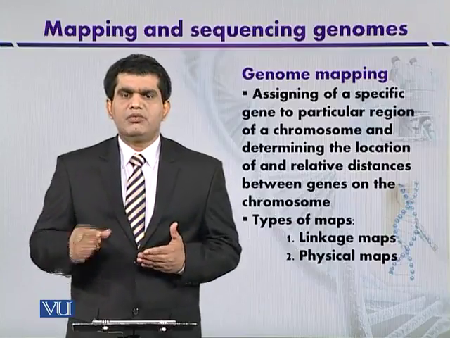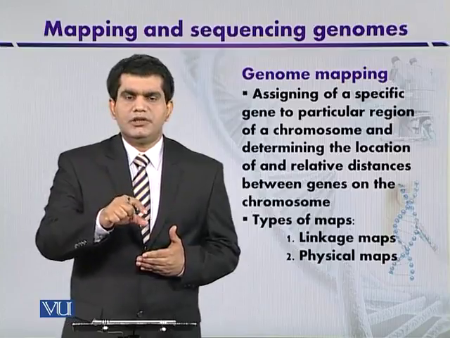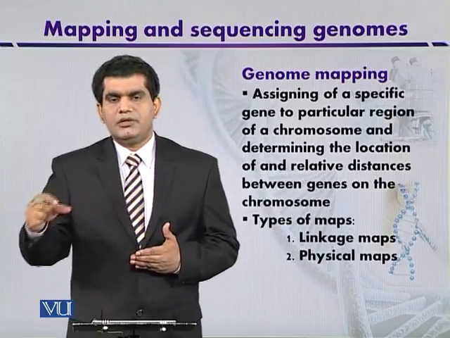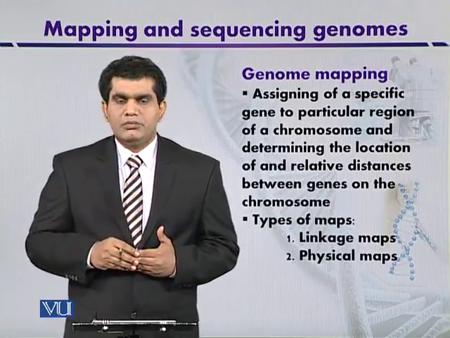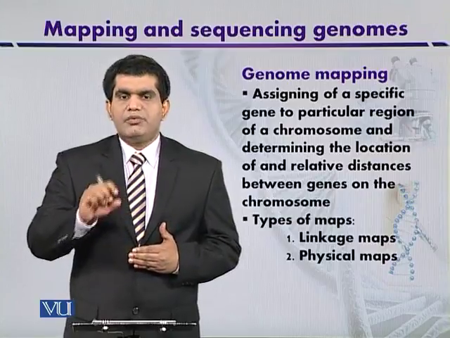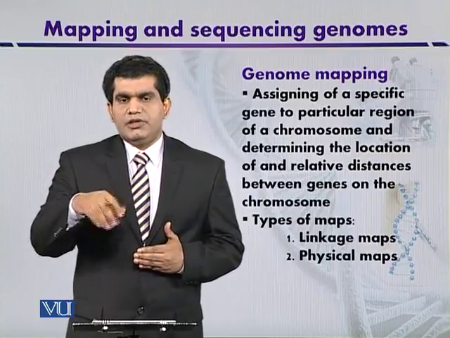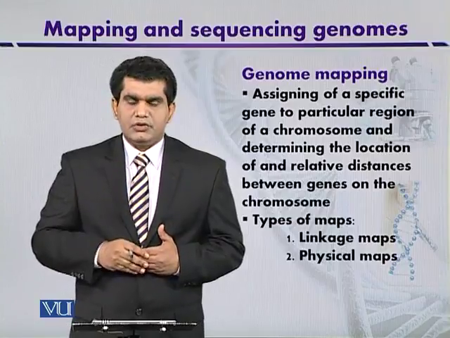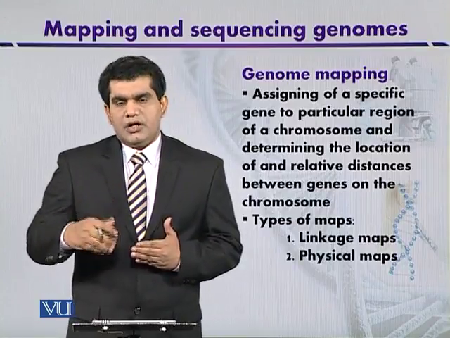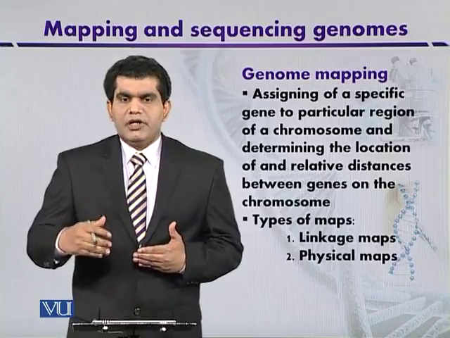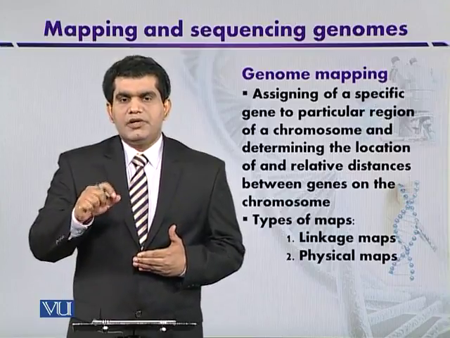Featureless means that we don't know where a particular gene is located, whether this portion is coding or junk region of the chromosome or genome. So for this purpose, we have to designate certain locations with reference to the position of certain genes.